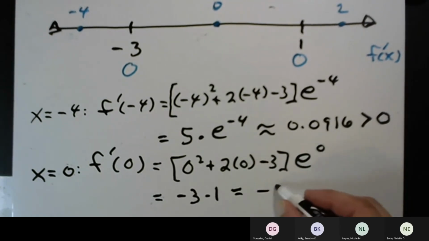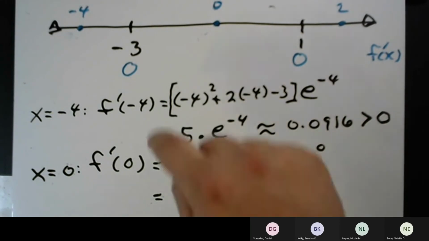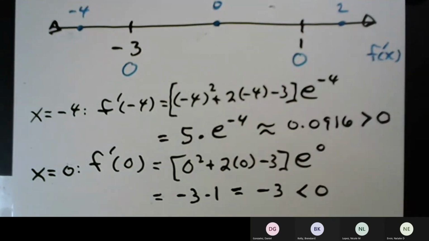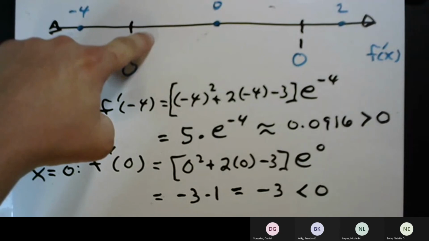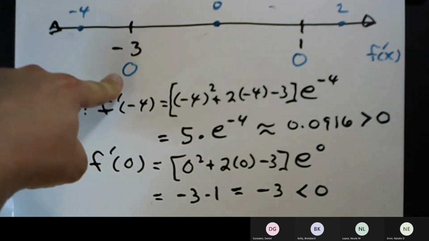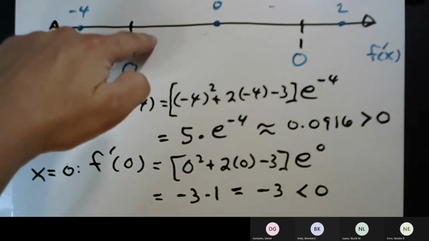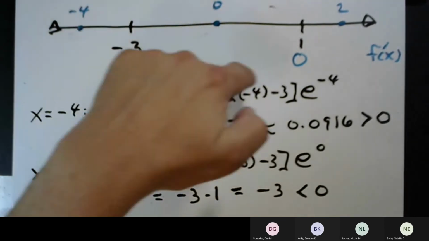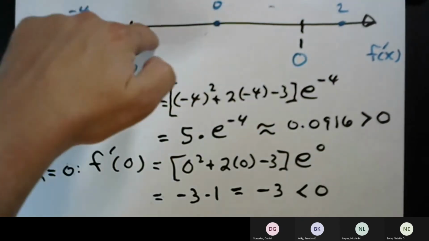So we're going to get negative 3, and that's less than 0. So again, this entire interval is going to be negative, for the same reasons. You can only go from negative to positive if you transition through 0. So until we hit a 0 and possibly change over, we're going to have the same sign.